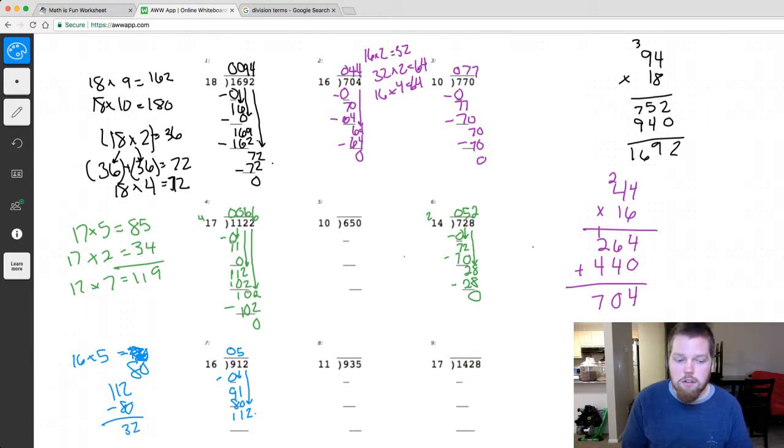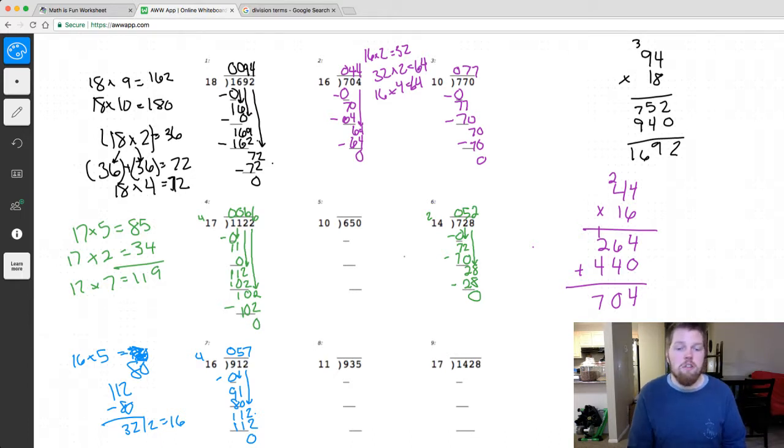Okay, and is 32 divisible by 16? Yes, it is. 32 divided by 2 is 16. So that means if we increase our factor that we're multiplying by 2, then we would get 112. So 5 plus 2 is 7. 7 times 6, 42. Carry the 4. 7 times 1 is 7 plus 4 is 11. 0.